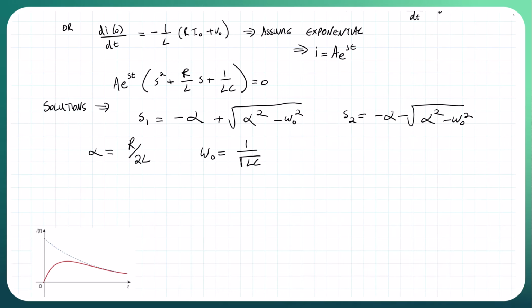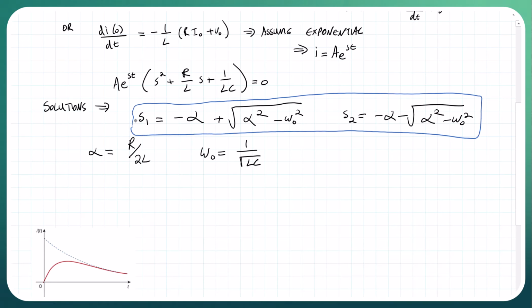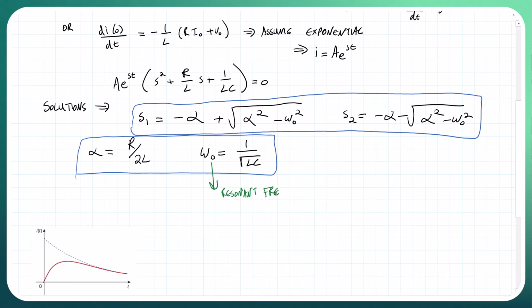So let's go ahead and save these. We got S1 and S2, and then alpha and omega here as defined. Omega naught is known as the resonant frequency.